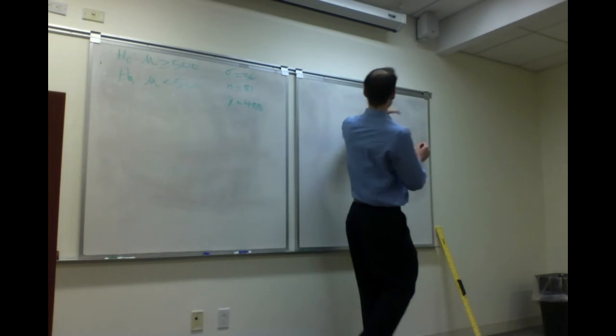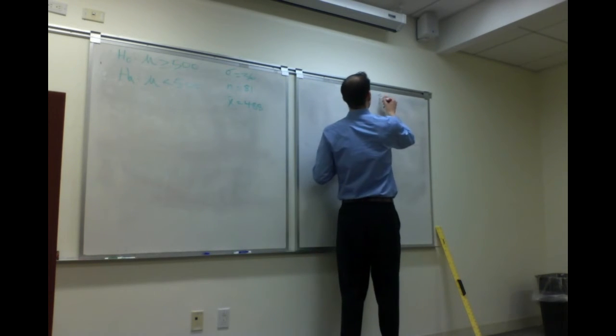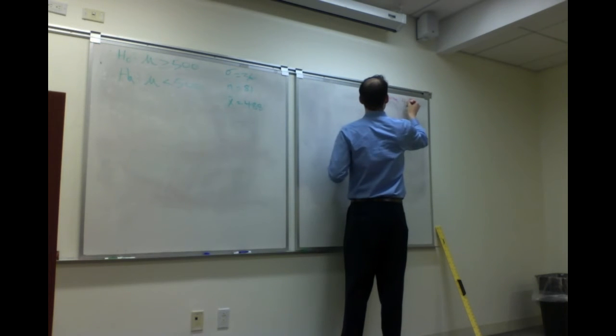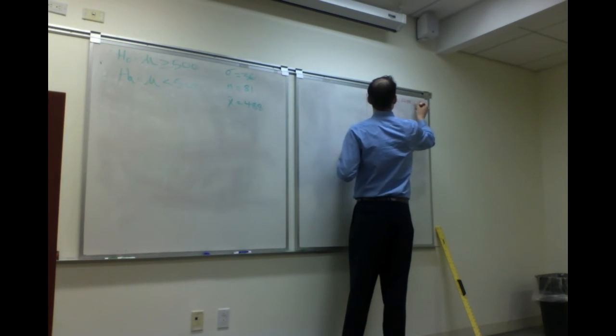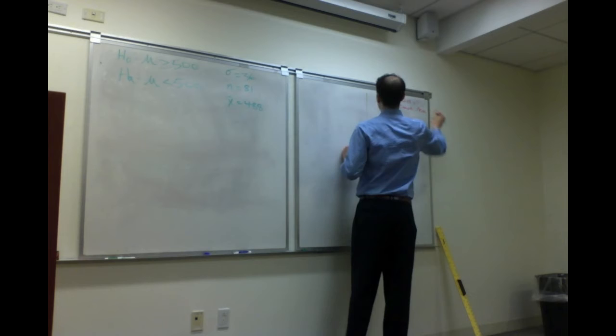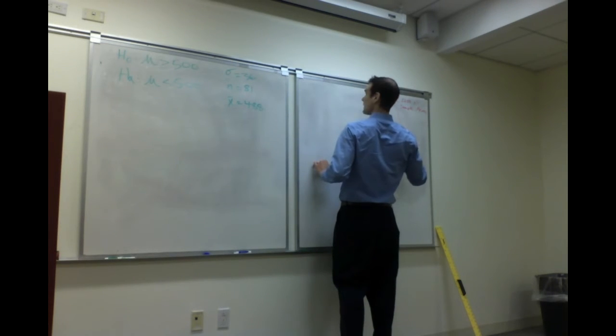Now, we put everything on our sampling distribution of sample mean. I should actually write that. Sampling distribution of sample mean. All right. We know the mean, assuming what they tell us is true, the mean is 500.